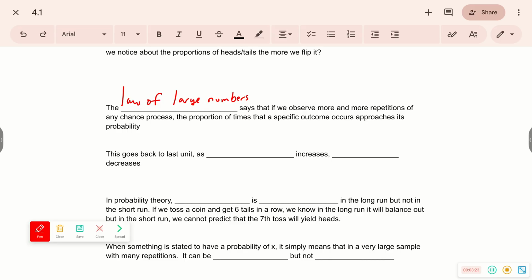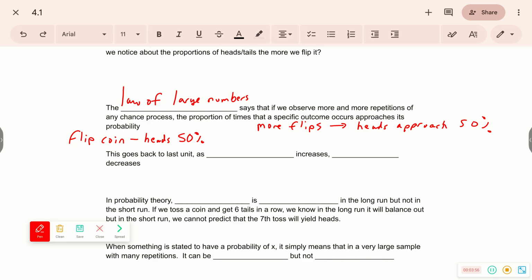On this one, we're flipping a coin, which is our chance process, and we know heads is 50%. So the more flips we do, our proportion of heads is going to approach 50%.